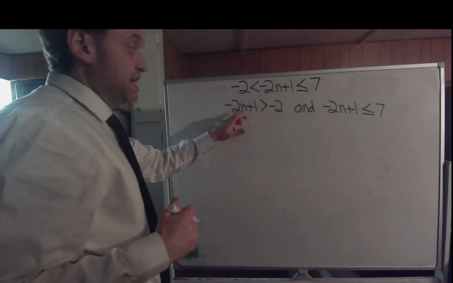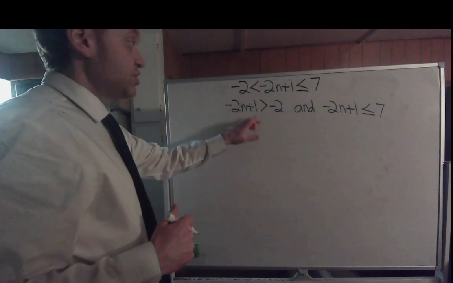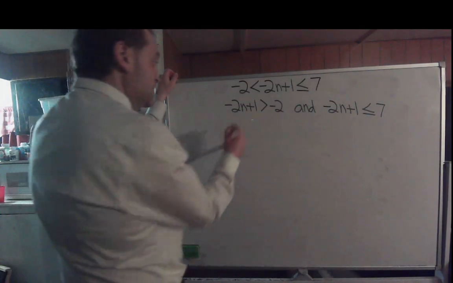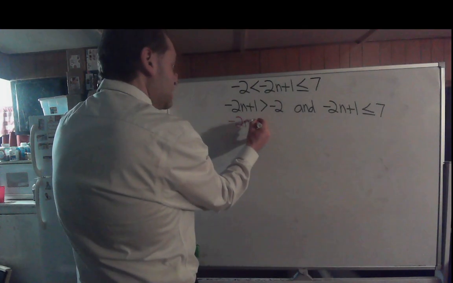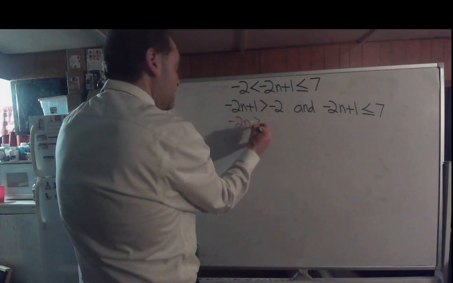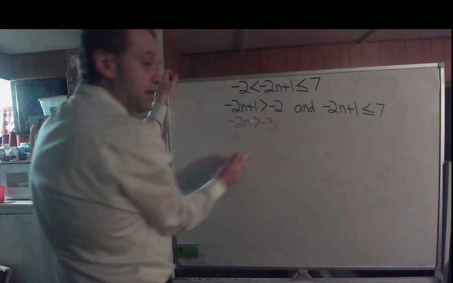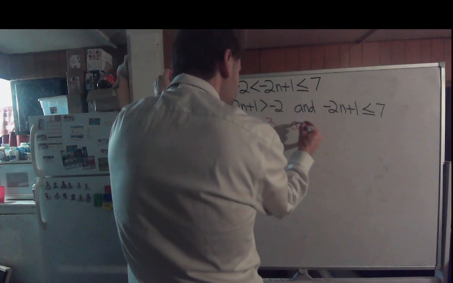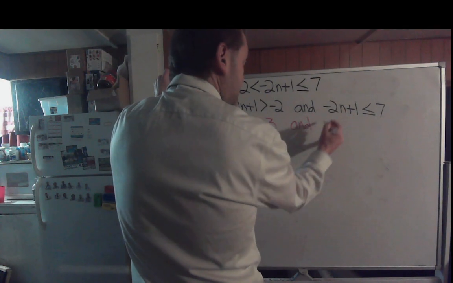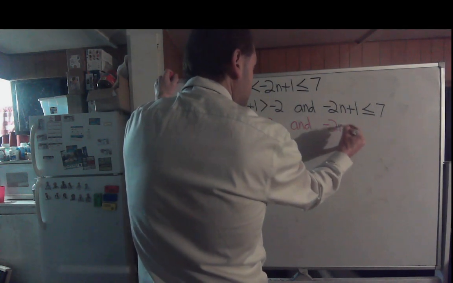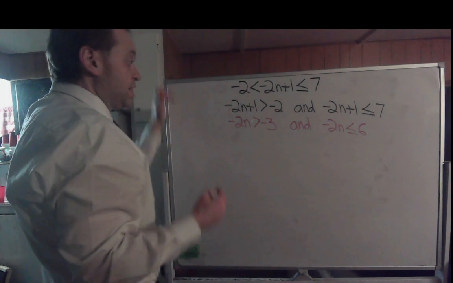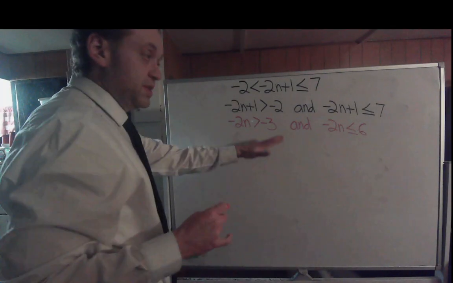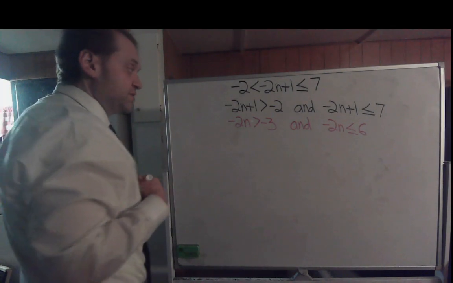So you want to get the negative 2n by itself, so subtract 1 from both sides. You would end up getting that negative 2n is going to be greater than negative 3, and you would then get that negative 2n is less than or equal to 6. Now divide both sides by negative 2.